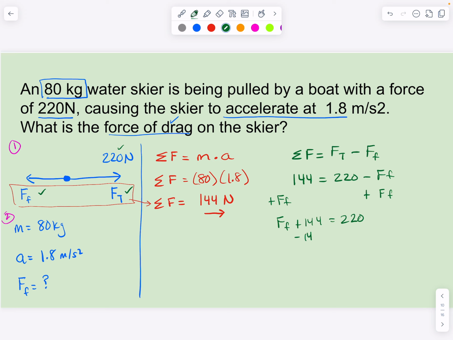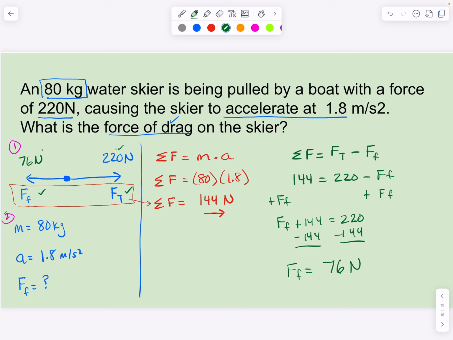Now I'll subtract 144 from both sides to find that Ff is equal to 76 newtons. So the value here is 76 newtons of force, which makes sense because 220 minus 76 is 144. So that is the force of drag on the skier being pulled by the boat.